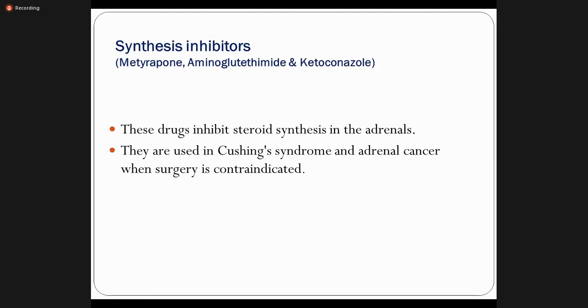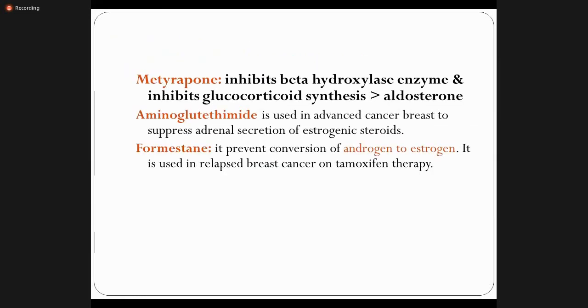Hypersecretion is called Cushing syndrome, and deficiency is called Addison disease. So one of the approaches is to inhibit synthesis in Cushing syndrome. Metyrapone inhibits the beta hydroxylase enzyme and inhibits glucocorticoid synthesis as well as aldosterone synthesis. Aminoglutethimide is used in advanced breast cancer to suppress adrenal secretion of estrogenic steroids, right?